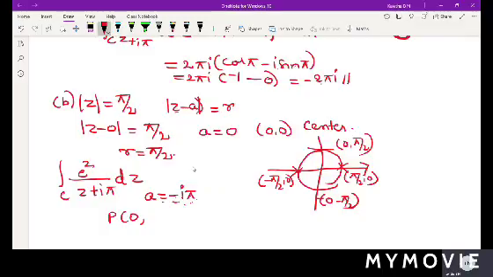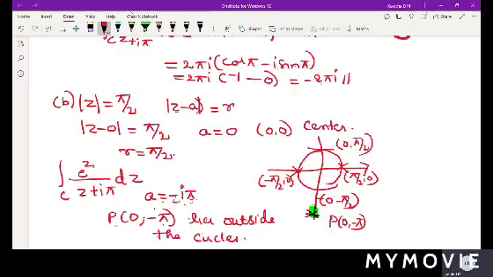Here x is 0 and y is minus π. Observe, the point will come here. The point (0, minus π) lies outside the circle.